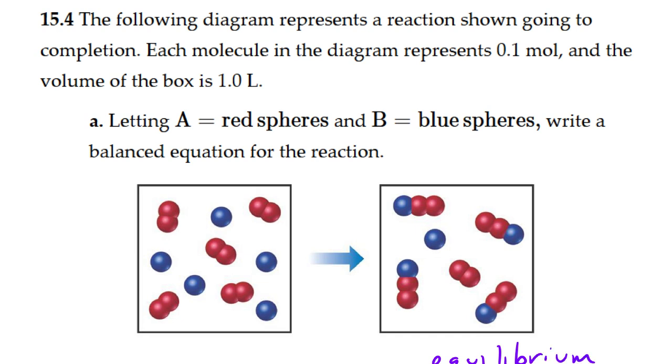Each molecule in this diagram represents 0.1 moles of that molecule, and the volume of the box is 1 liter. So if we're going to use concentrations, if there's one molecule, it's going to be 0.1 mole per liter. If we let A be the red spheres and B be the blue spheres, write a balanced equation for this reaction. So take a minute and do that.